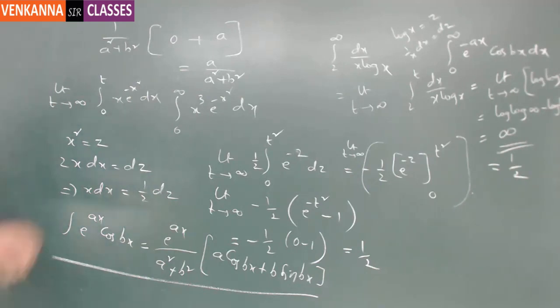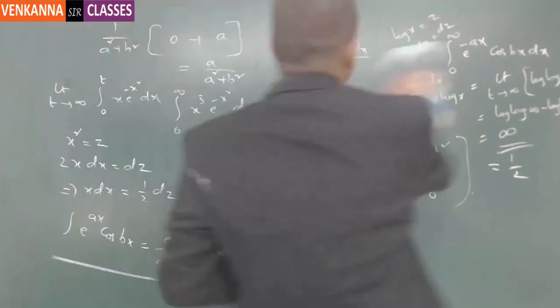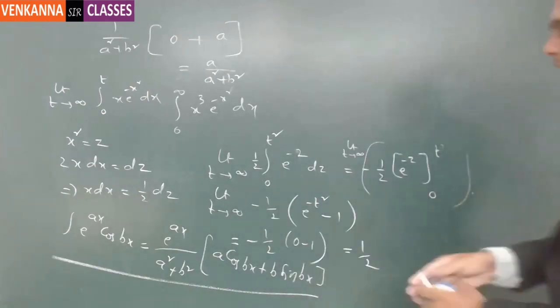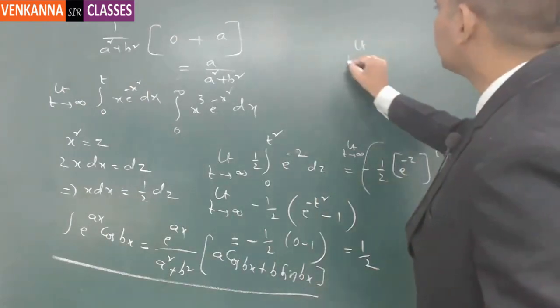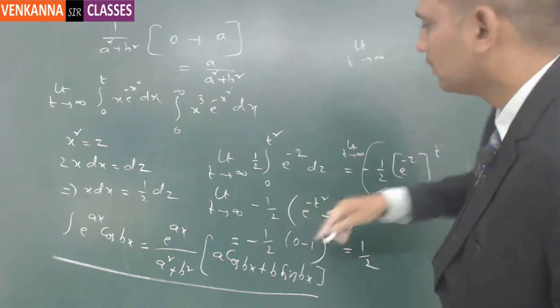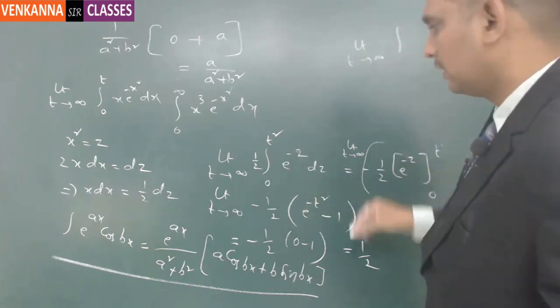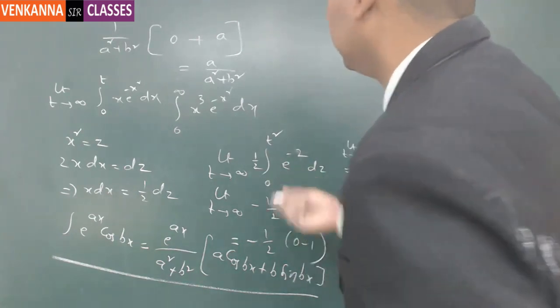Answer for last question, a by a square plus b square, because if you apply, the thing is going to come as limit t tends to infinity, the problem.